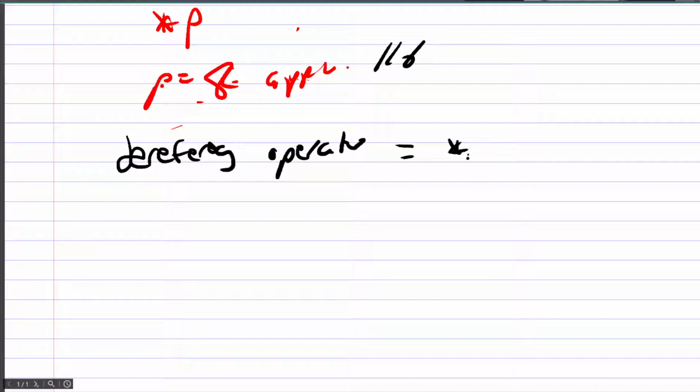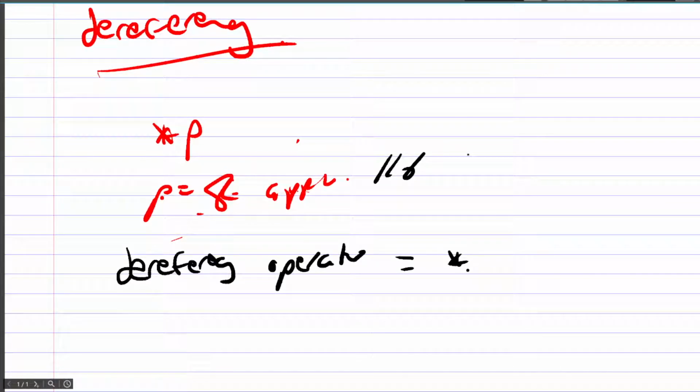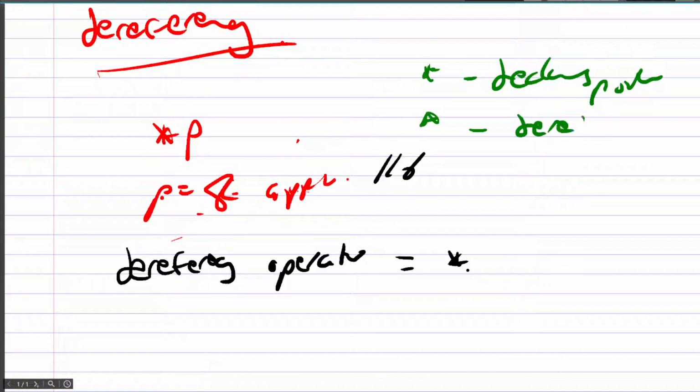Now this might confuse you, right? Because we use the asterisk sign to declare a pointer, and it also dereferences pointers. What's happening here?